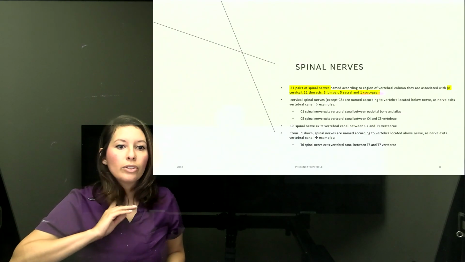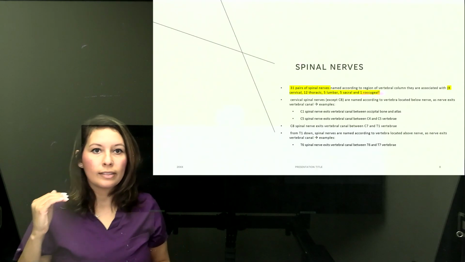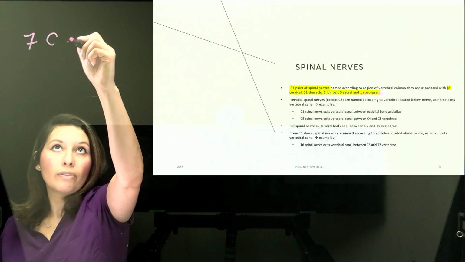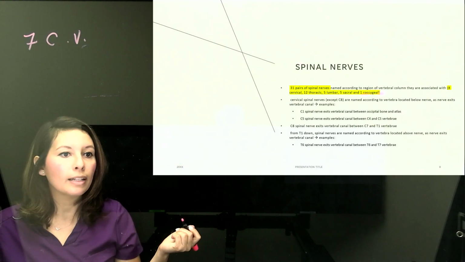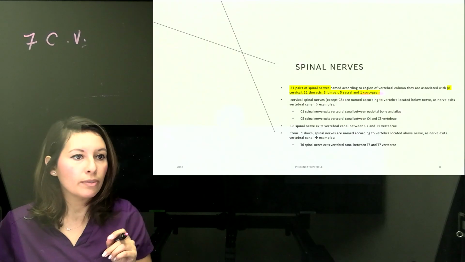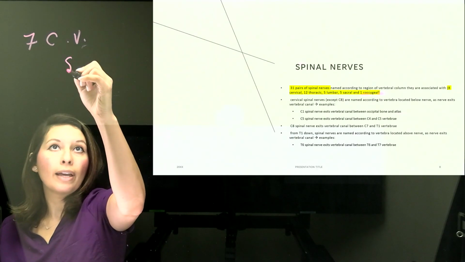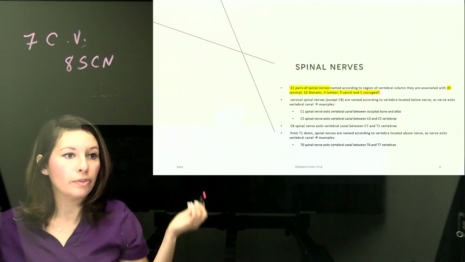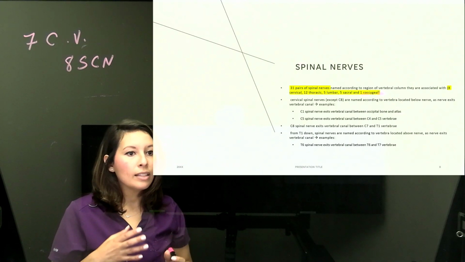Only thing is that there's going to be some differences. For example, if you recall, we have a total of 7 cervical vertebrae, right? But in this case, if you notice over here, we are going to have 8 spinal cervical nerves, right? So that's a difference there.